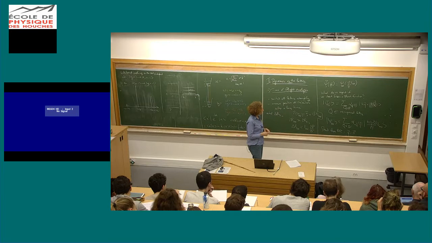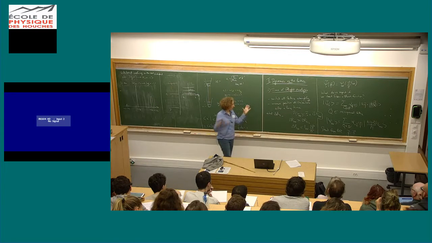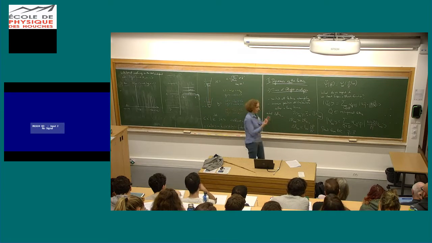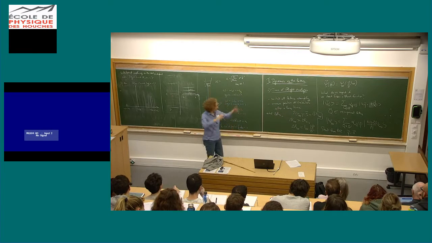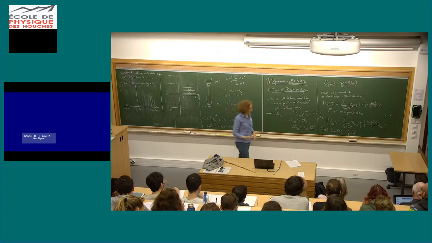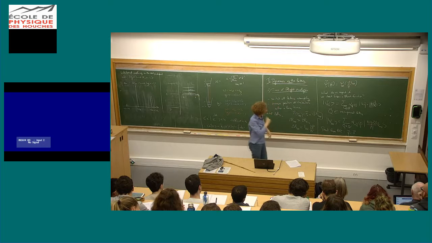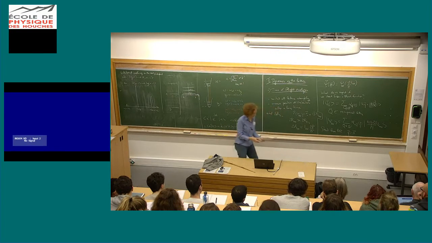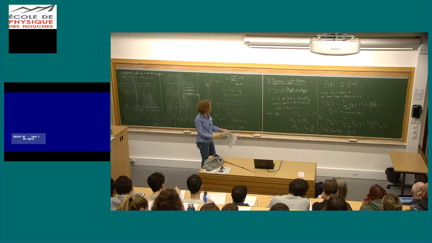The overall width is also linked to the frequency at the bottom of the well, because the larger the oscillation frequency at the bottom of the well, the larger the delta P in each of the wells. So this will give you the overall shape of the peaks. I will show you this right after because I don't want to use the projector now. And I will go to another way.